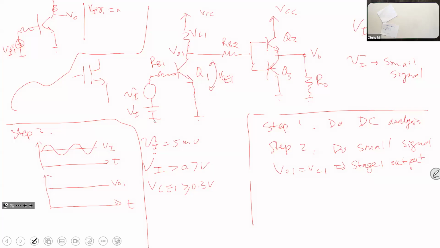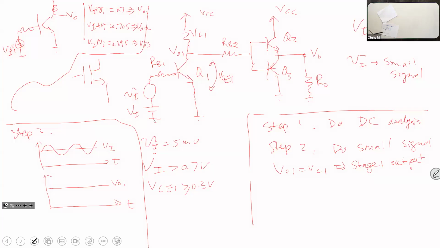So if 0.7, you got a certain VO. And I'm going to have capital Vi plus little Vi is going to be 0.705. I'm going to get another VO. I mean, if my Vi plus Vi equal to 0.695, I'm going to get another VO, just different values. So VO 1, 2, 3. I'm going to get one for every time.